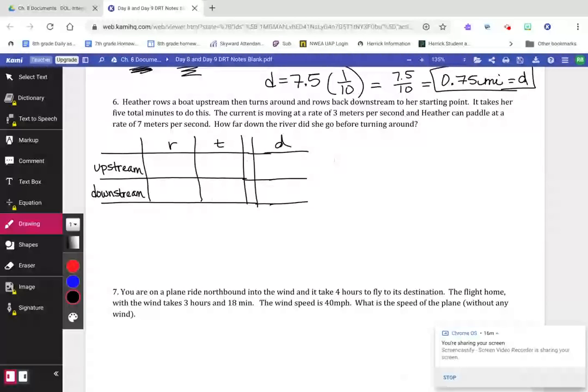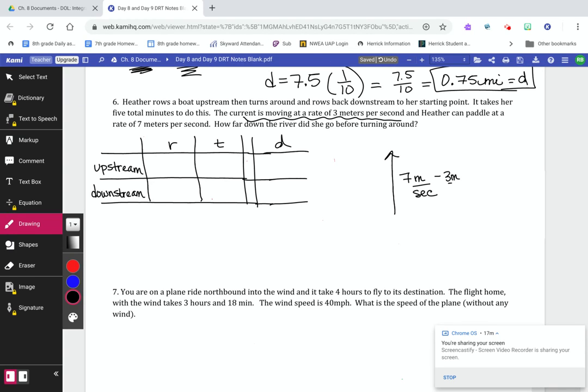And the reason why, yes, she herself, when she's going upstream, she's paddling at a rate of 7 meters per second. However, that's not exactly how fast her boat is going because she has the current that is going against her at 3 meters per second.